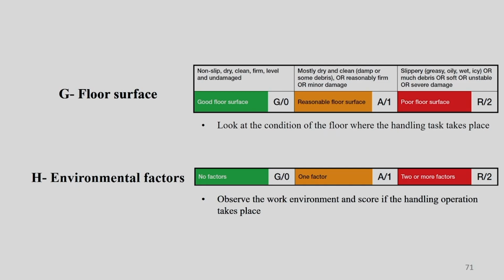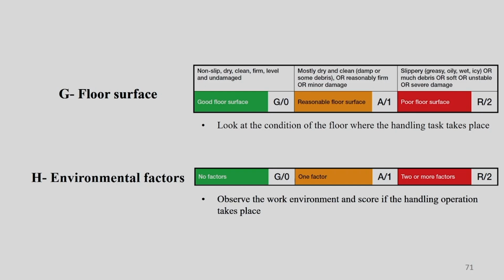Especially it happens in the processing industry, fish processing, meat processing, food processing industries, where you will get such flooding, or much debris, or soft, very soft or unstable and severely damaged areas.